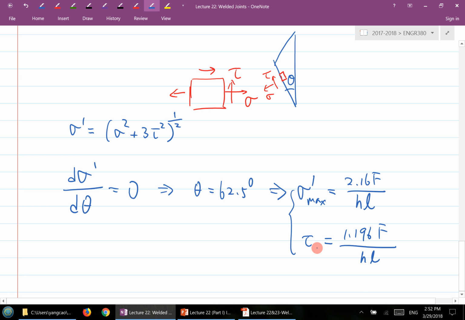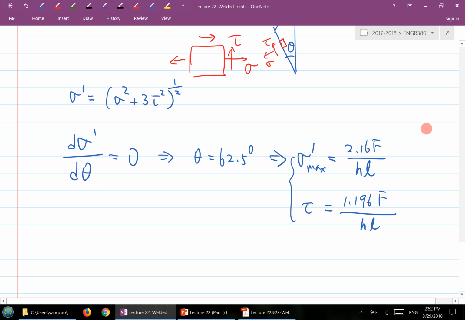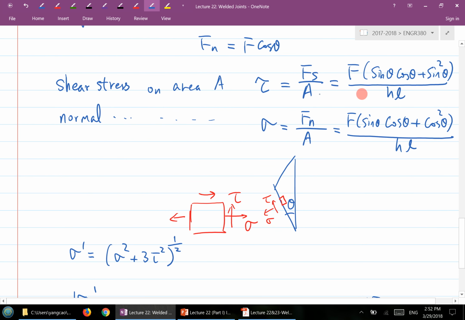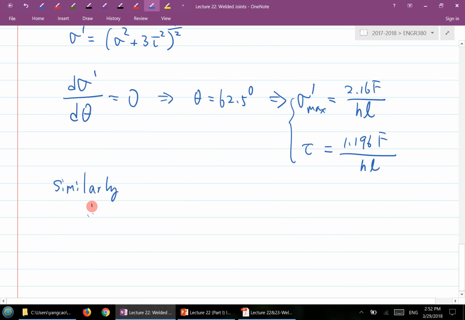So you see the idea now. That's very analytical, right? You want to get to the maximum value, and this is how you mathematically approach finding the corresponding theta angle that gives you the maximum value. Similarly, if I forget about the von Mises stress and just look at the formula for the shear stress, we could calculate d tau over d theta, set it equal to 0, and solve for theta.